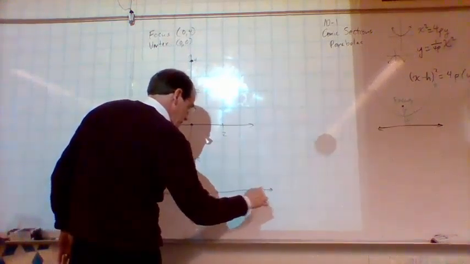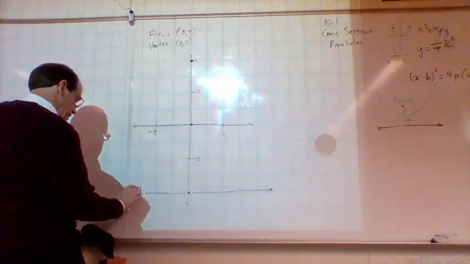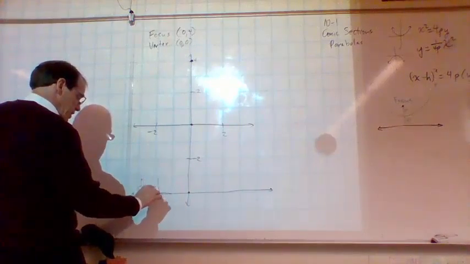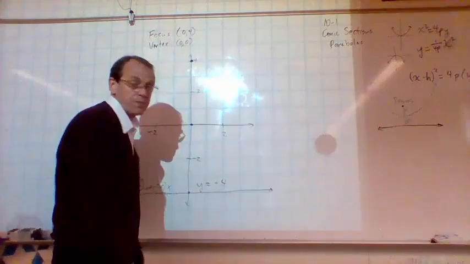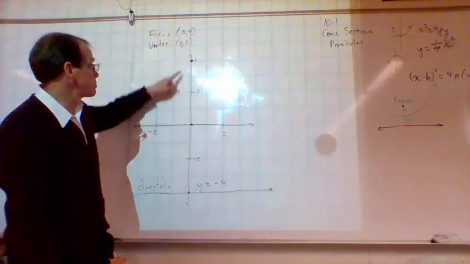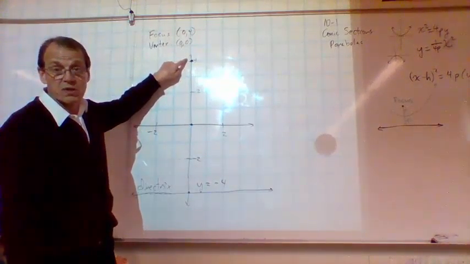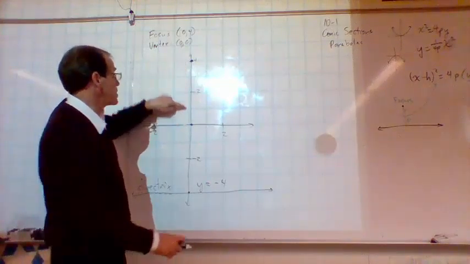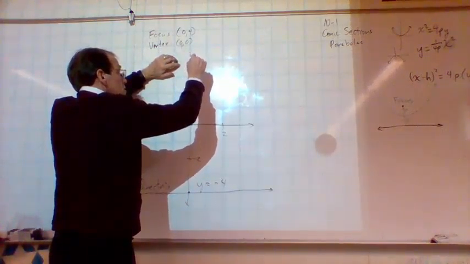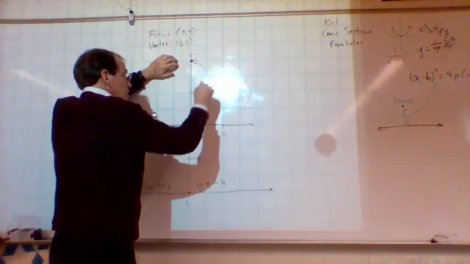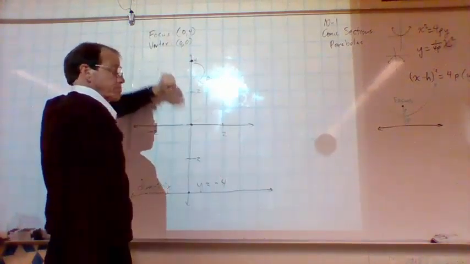And this line has a name. This line is called the directrix. The directrix is at y equals -4. Now I know that because the distance p is 4 from the vertex to the focus. So that's p, and it's 4.